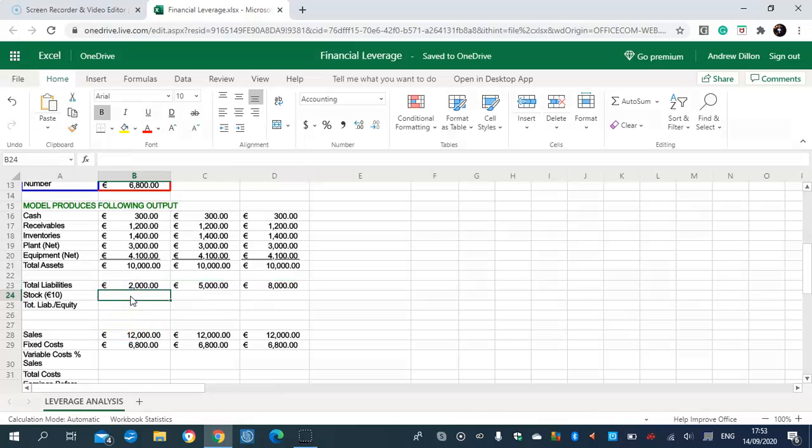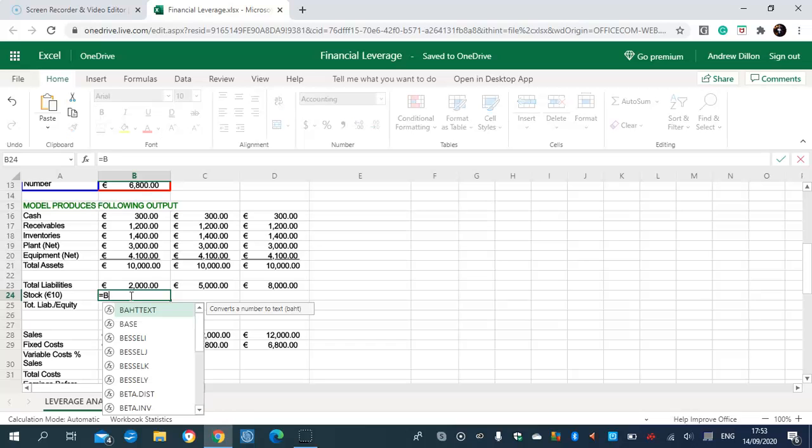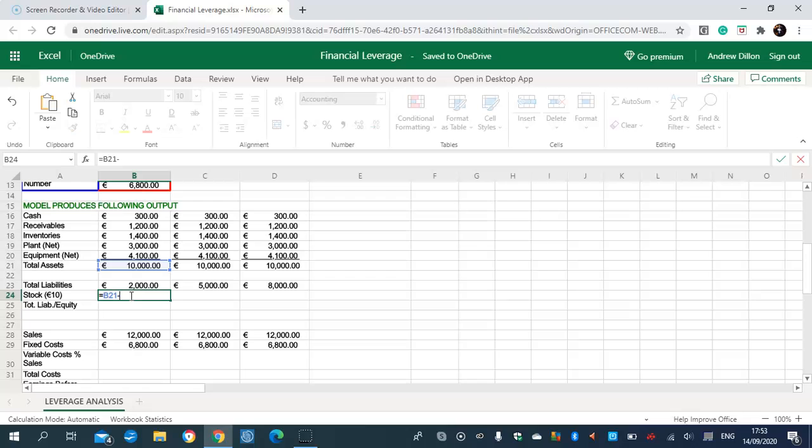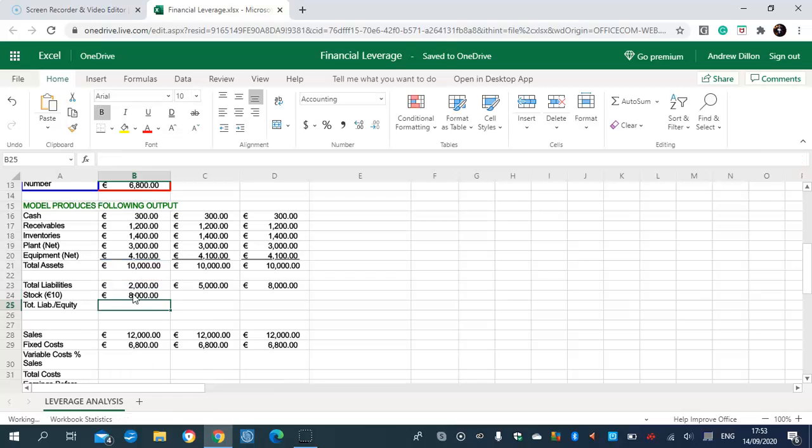Okay, stock is €2,000. Total assets minus total liabilities. Okay, total liabilities and equity.